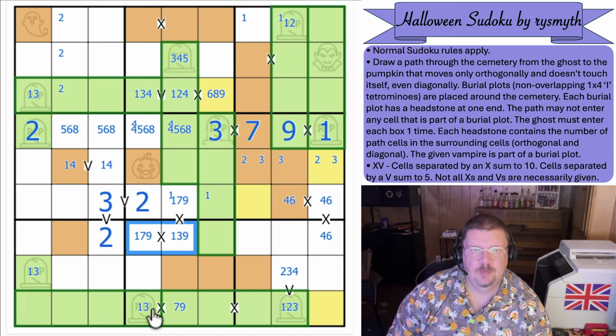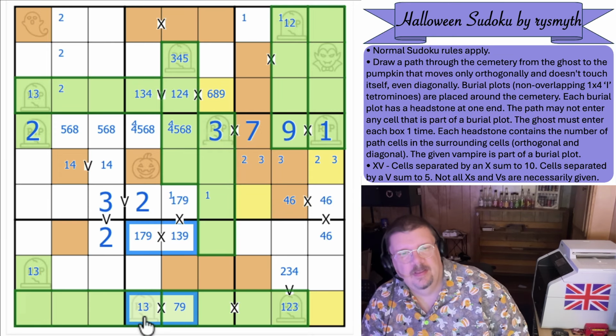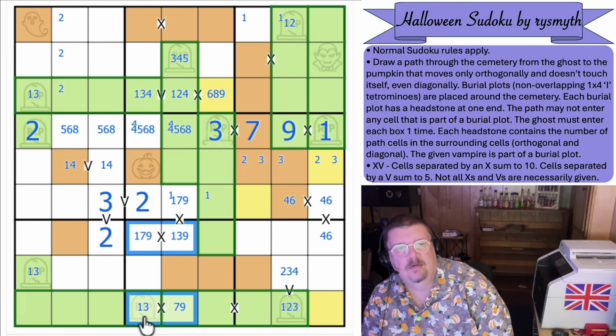So I have a virtual 1-3 pair in this box. So I have a virtual 1-3 pair and a virtual 7-9. So in fact, if I look even closer, that is a 1-3-7-9 quad. Okay. That feels like I should have noticed that.